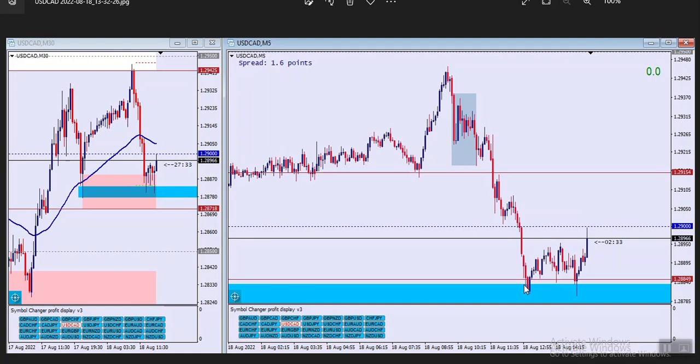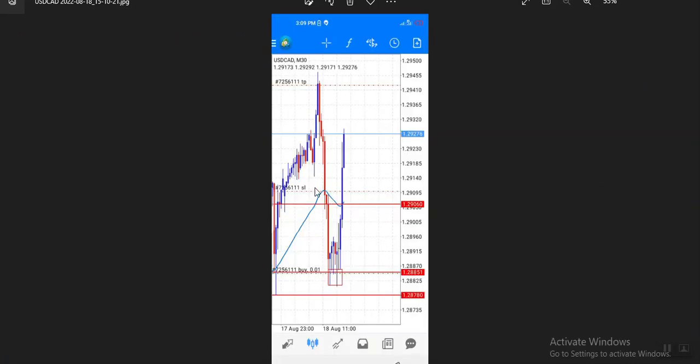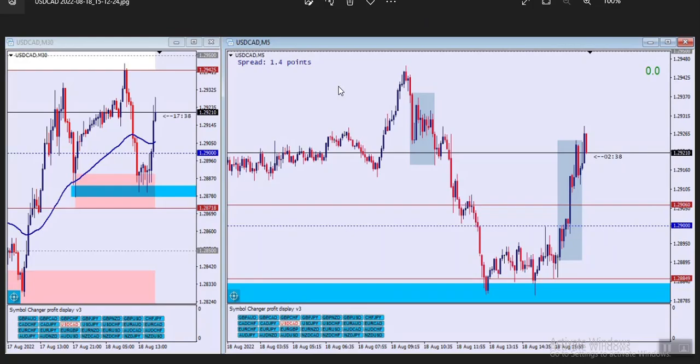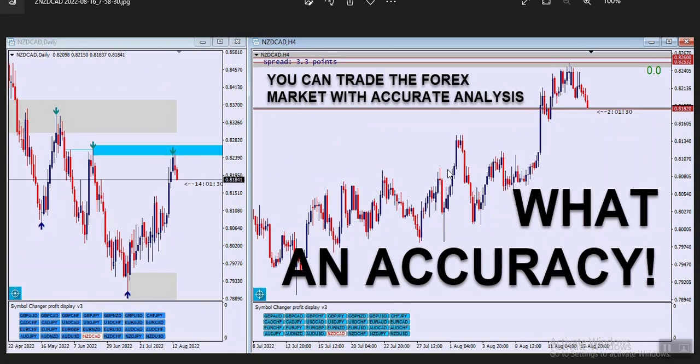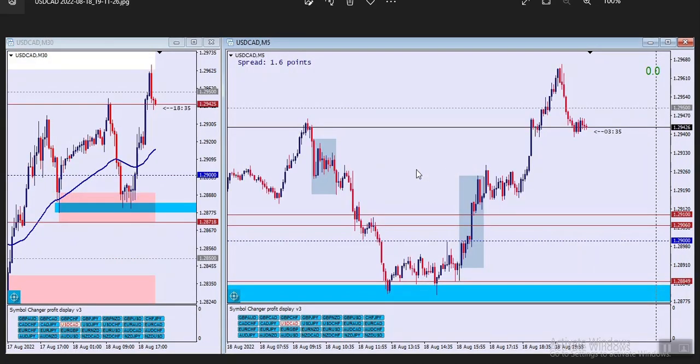Our trade was triggered at this line, and price came back to retest it and traded off. This was when TP1 was smashed already, and price was approaching TP2, and that was it. Price grabbed our TP2 at about 57 pips. So those are the few trades I would like to share with us.